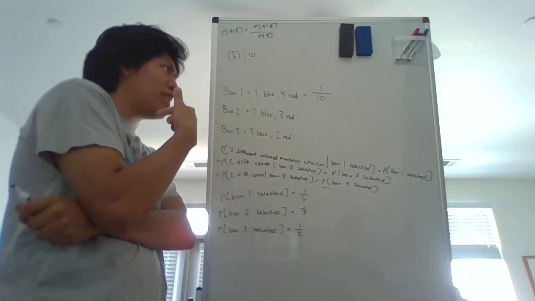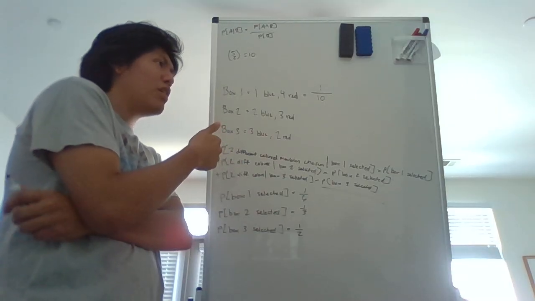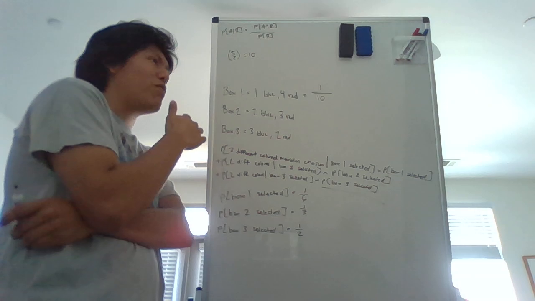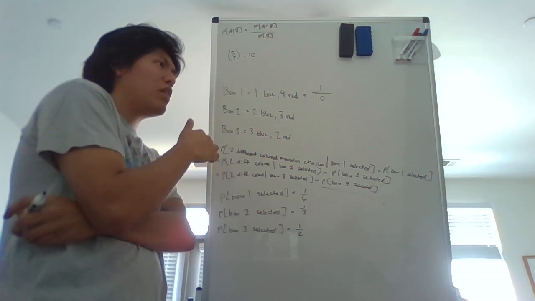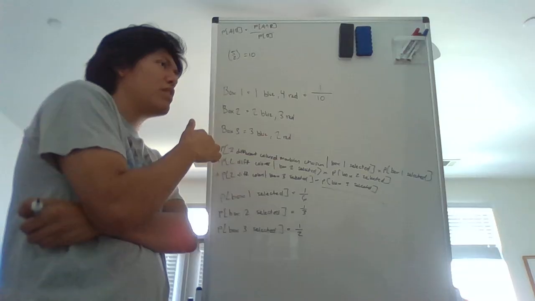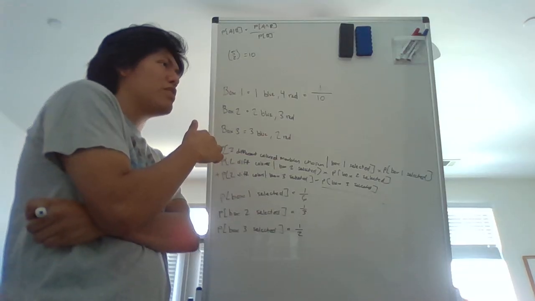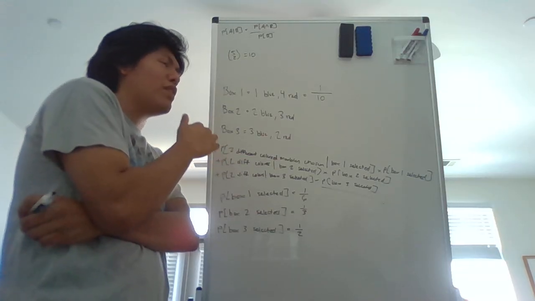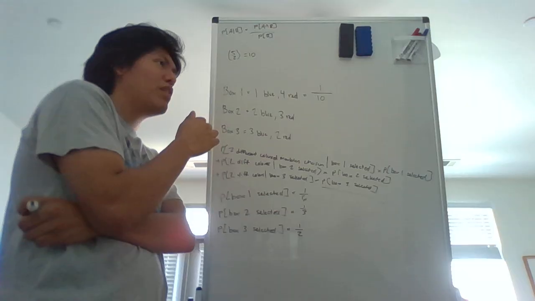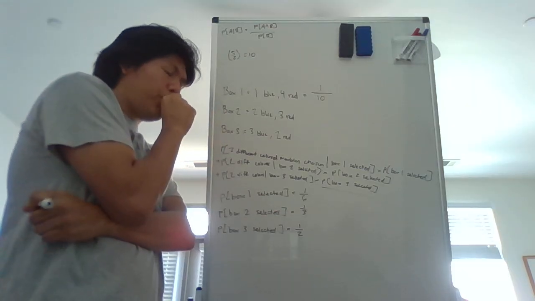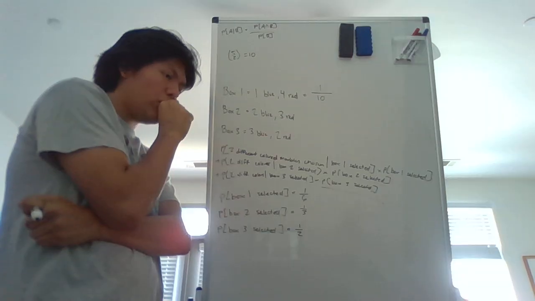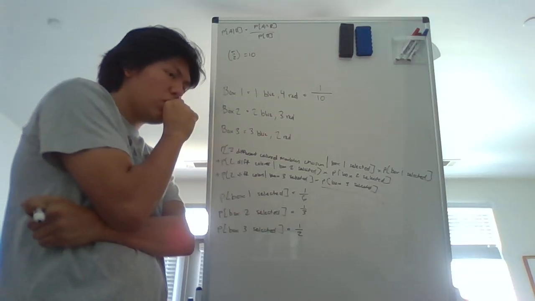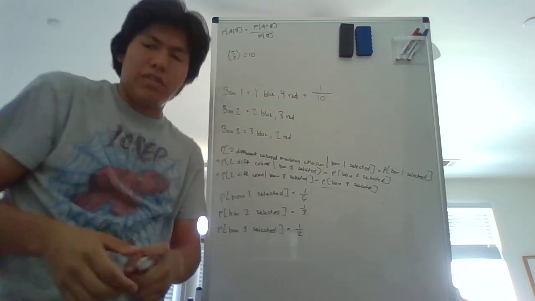And if we want to get a blue one, it's 1 over 5, but because we're saying that there's 10 different ways to do it, let me look at my textbook real quick.